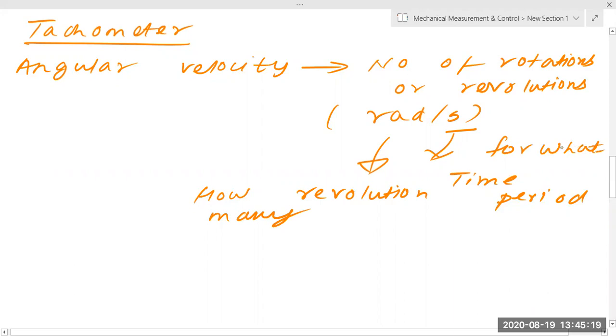So if I would like to define it for you, angular velocity measurement will be more like an instrument. I'm just putting it in short.